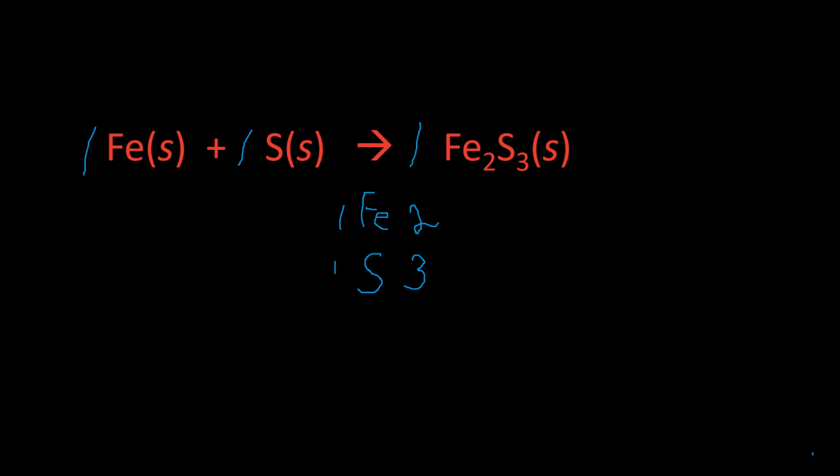So what we did before is we would modify the pieces that we needed in order to balance them. And then we end up with a balanced chemical equation. We're going to need that balanced chemical equation to go to the next step.